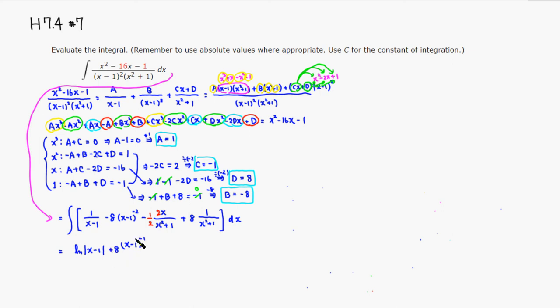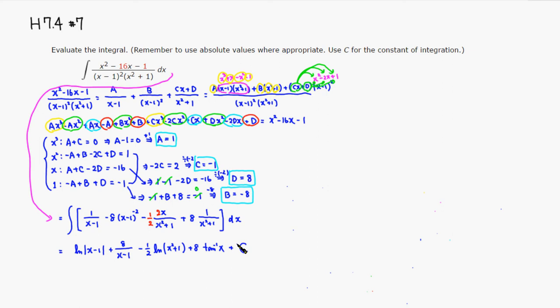Actually, I'm going to write this as a fraction, so this is going to be 8 over x minus 1. And then here you have a -1/2 natural log of x squared plus 1. We don't need absolute value in this case because x squared plus 1 is always positive. Plus 8 times arctangent of x, and then you have plus some constant c.